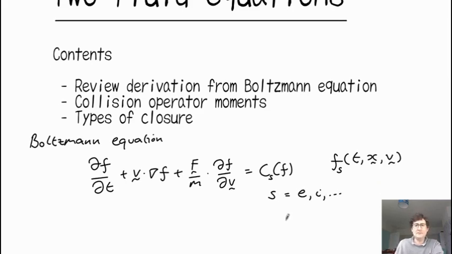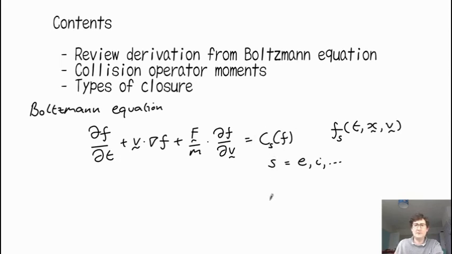This collision operator is a sum over the collisions with all the other species. So it's the sum over other species S prime of the collisions between species S and species S prime, and that depends on the distribution function of both, so f of S and f of S prime.